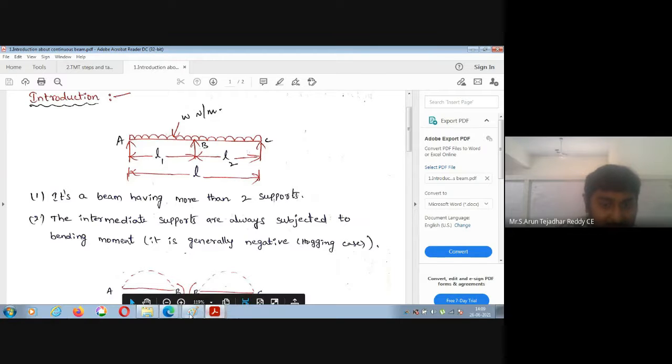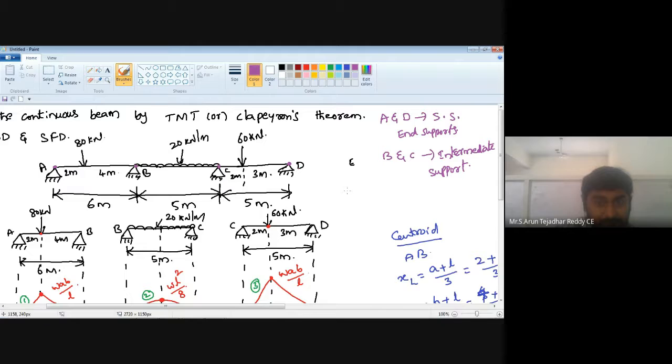So here MA is equal to 0 and also MD is equal to 0.